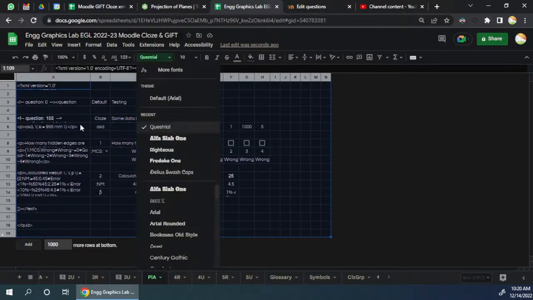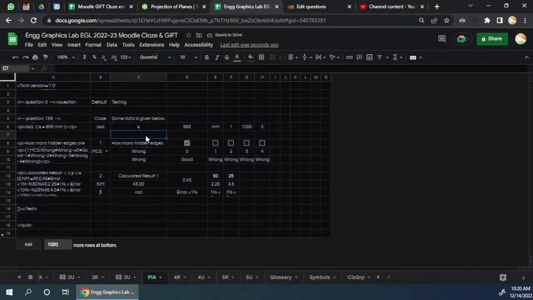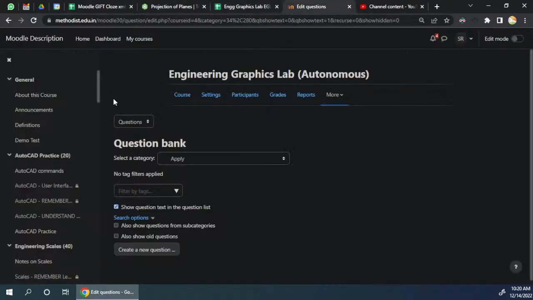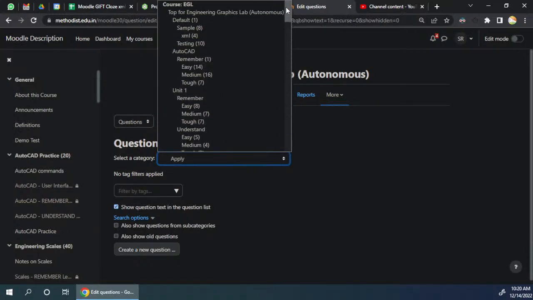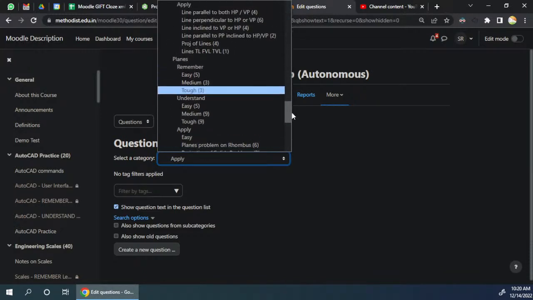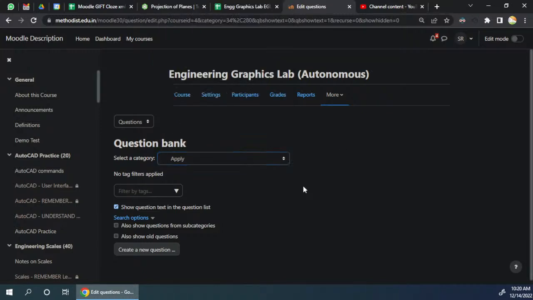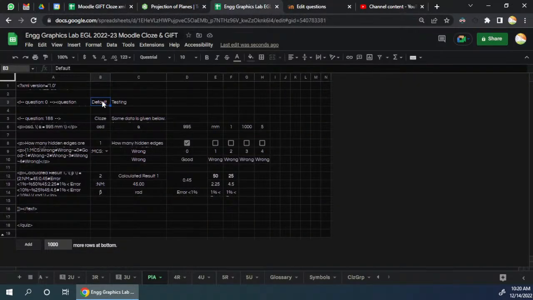Calibri is my choice of font always. Okay, so at the top level, by default it's at the same level, so it's got to be planes. Under planes we've got to go for apply. So under planes and apply we need a separate folder for triangles.